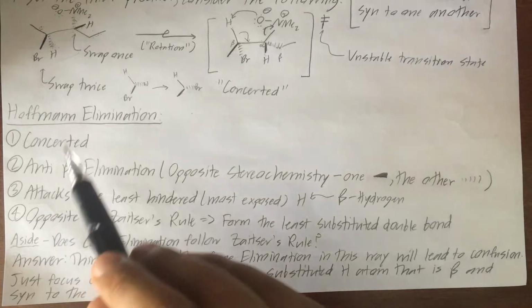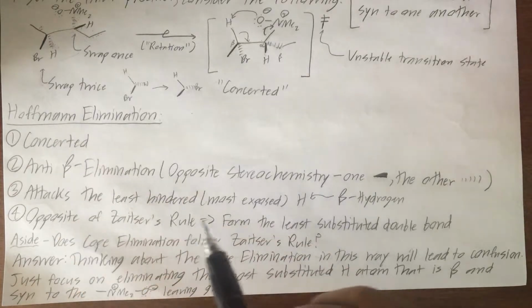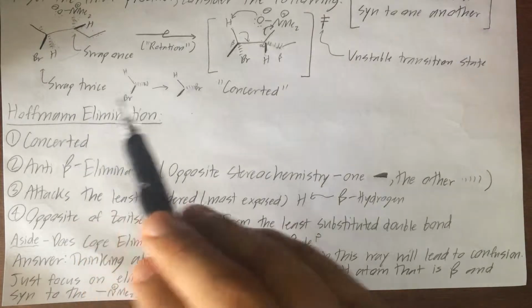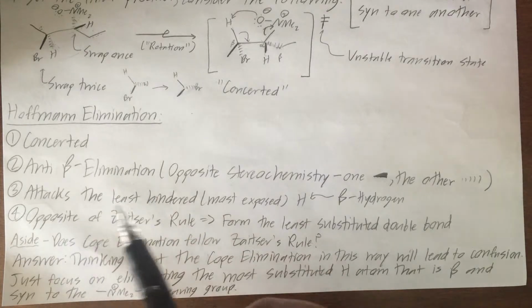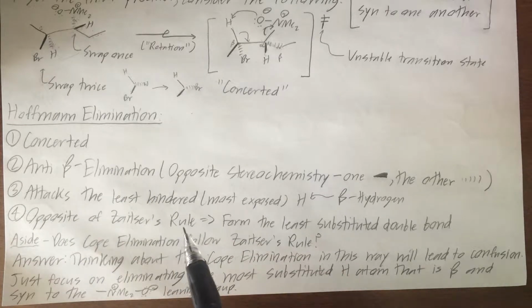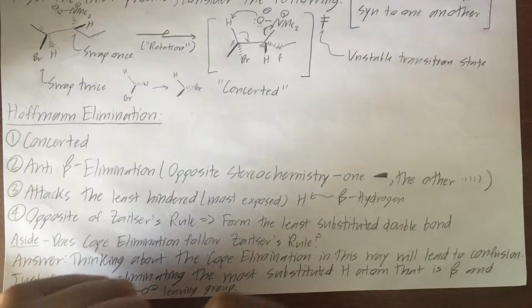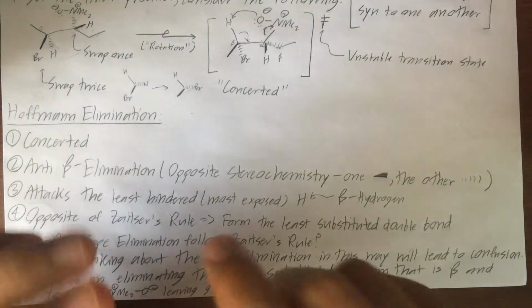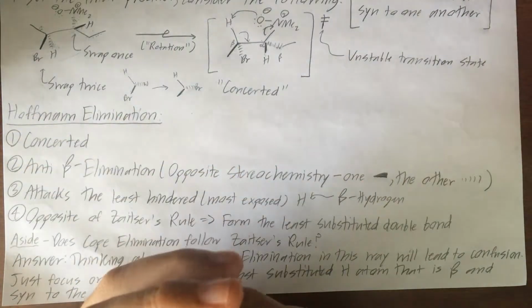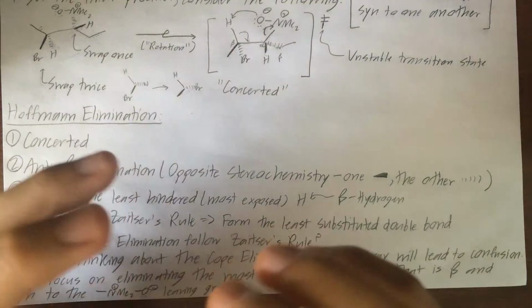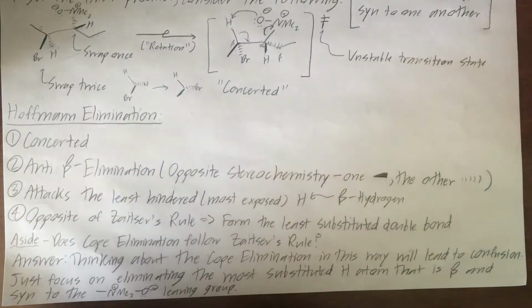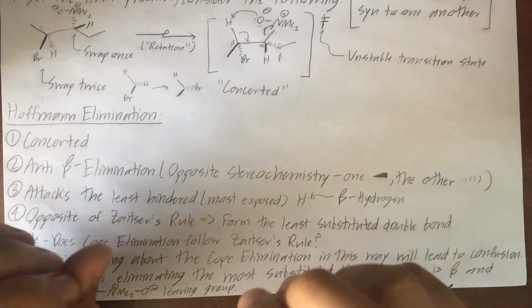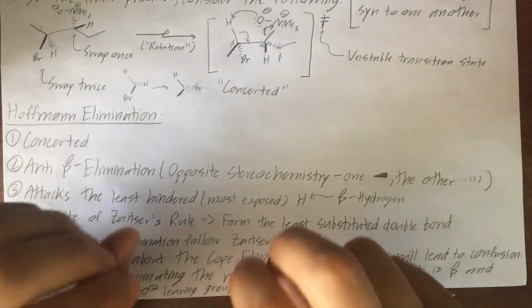So does that mean that since the Hofmann elimination is the opposite of Zaitsev's rule, the Cope elimination reaction follows Zaitsev's rule instead? The answer to this is not necessarily, because for the Cope elimination reaction, when you think about having to follow Zaitsev's rule, it can actually be quite subjective because it all depends on the structure of the molecule. Okay, so my advice to you is don't think about Zaitsev's rule when you're dealing with Cope elimination.